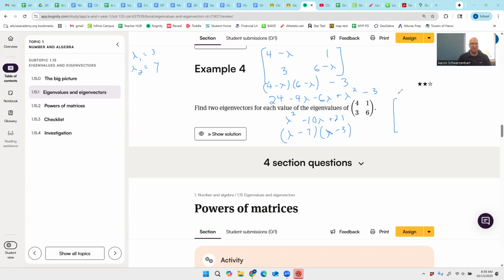So now I plug them in. I guess I better write this out. 1, 1, 3, -1. Oh, wait. That's not right. I have to use the same eigenvalue for both.